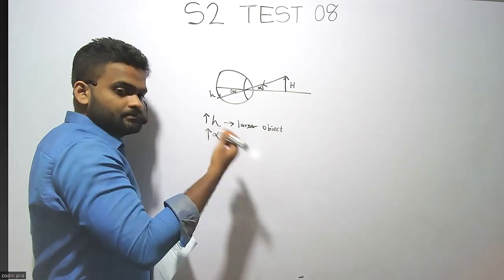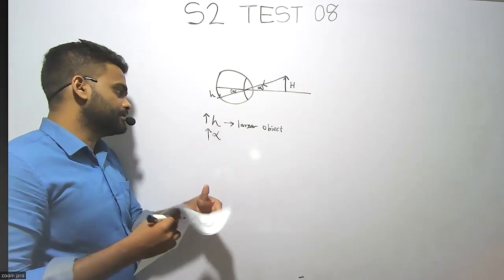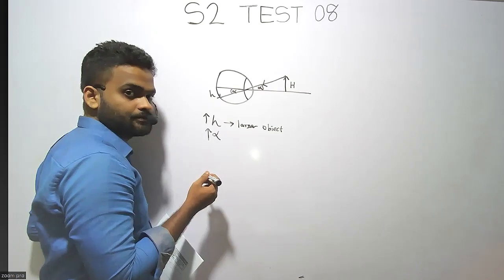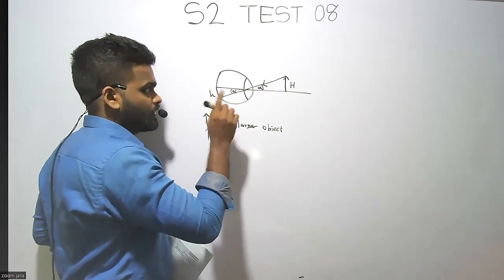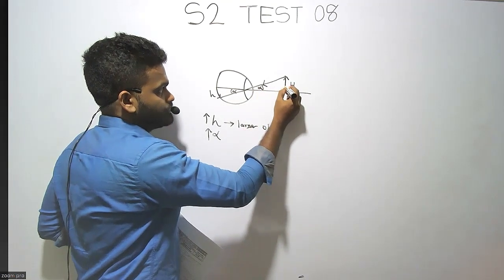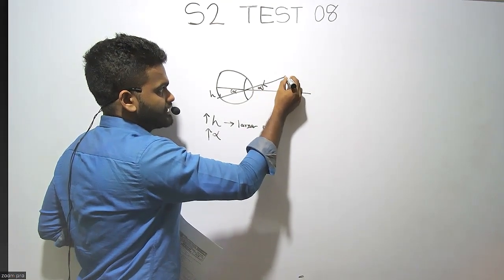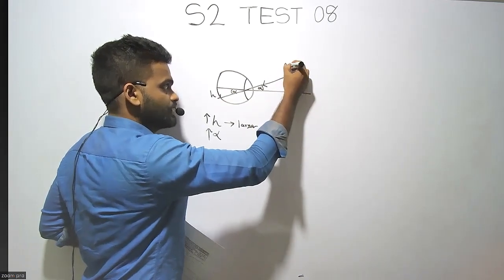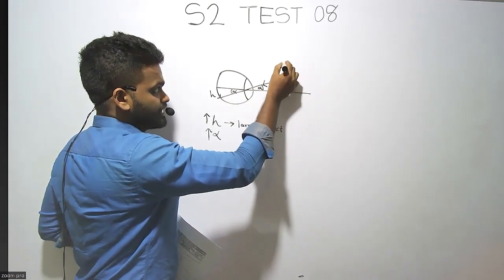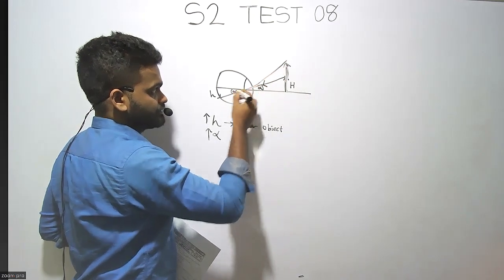For that I'll explain a bit further. So alpha should be larger. There are two ways that alpha can be larger. One way is the object height can be larger. Let's say here you have the object. So the object is larger, right?